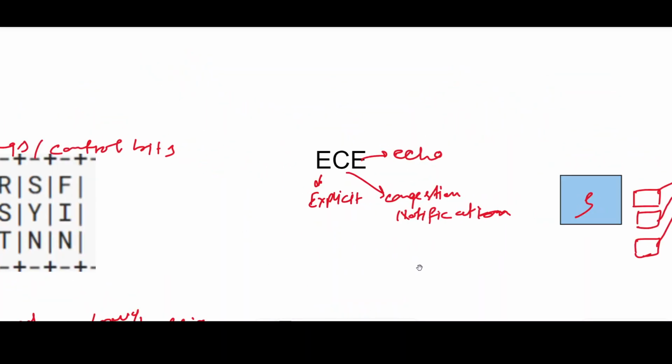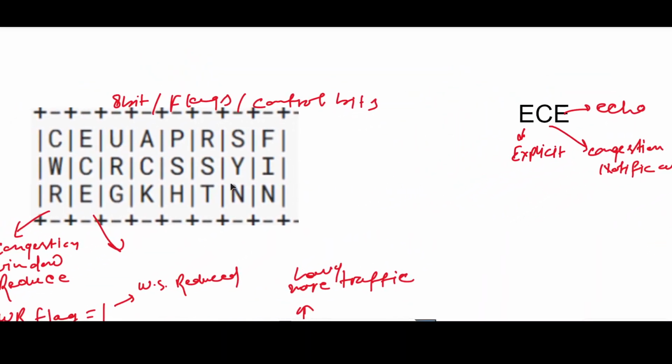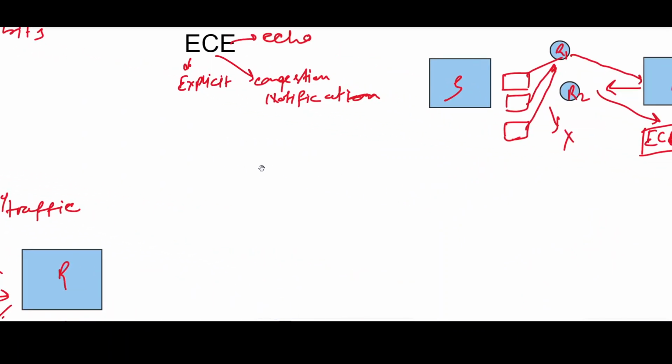Now come to the next point, which is very important. Now we have covered ECE. Now we will cover the urgent pointer. Here we will write URG. Now what is urgent?